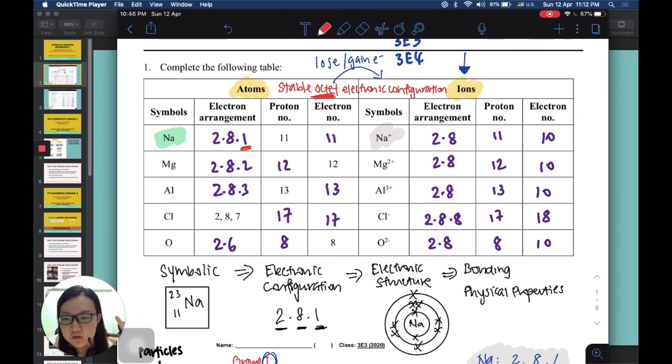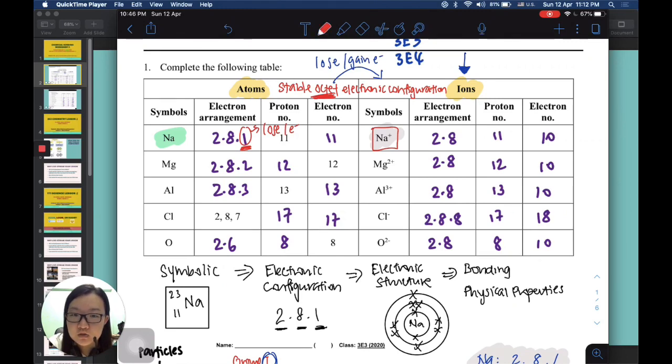The rest is all octet. So sodium will lose that 1 valence electron in its outermost shell in order to achieve the stable octet electronic configuration. And because electrons are negatively charged, if you lose one negative charge, your final state will be a 1 positive.